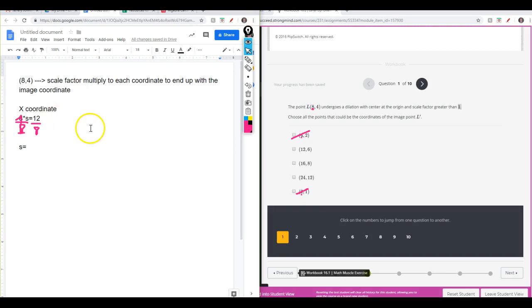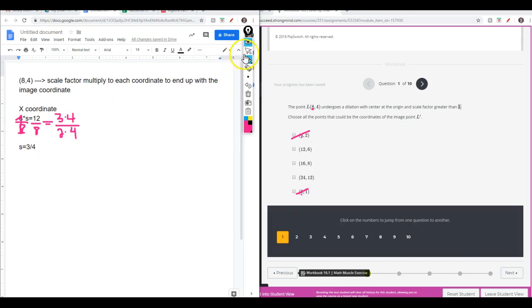Which can be reduced down to 3/2, because I can rewrite 12 as 3 times 4, and I can rewrite 8 as 2 times 4.